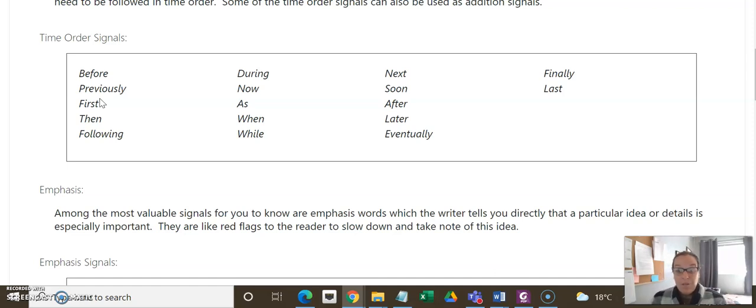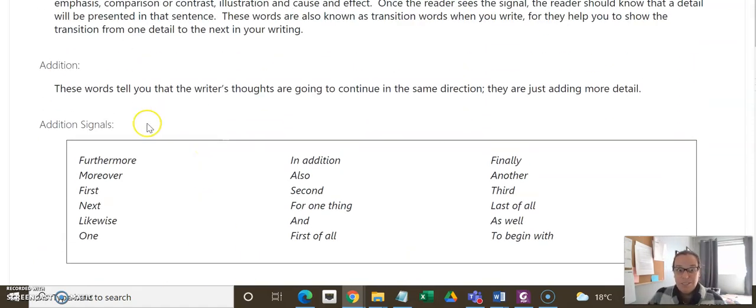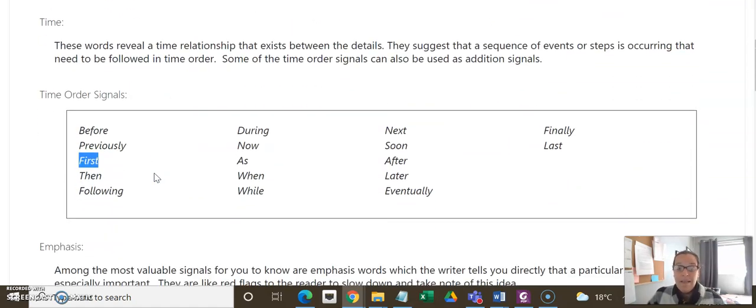And I could say, the first thing you need to do is get all the proper equipment and tools. The next thing you need to do is find all of the ingredients. And I would continue on in that order. So I use the word next here, and I used the word first. You'll notice that one of these signal words, first, is similar to the one I used in addition, and that's fine. It's just how they're being used.